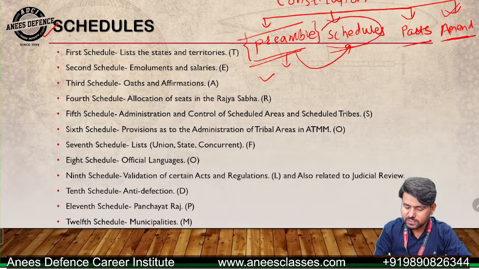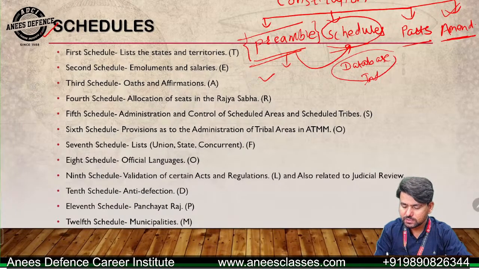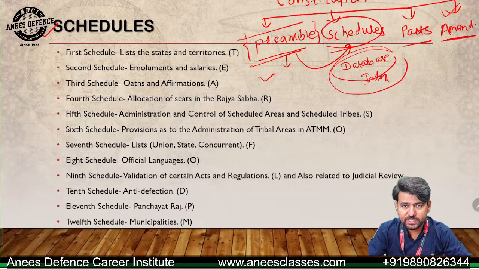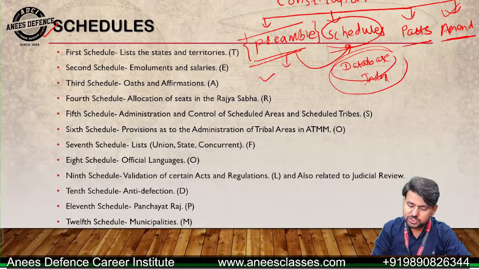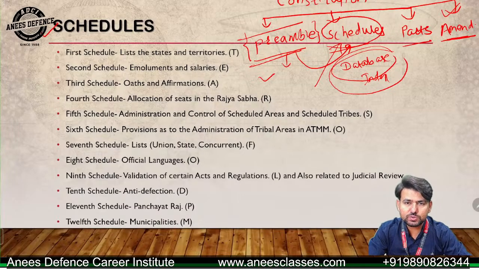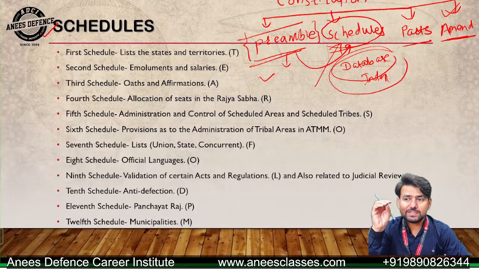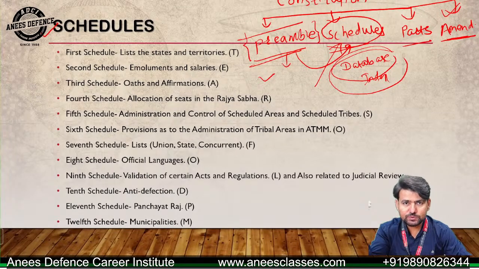Schedules act as, you can say, a database in the constitution. They are like an index in the constitution. Like in every book we have an index, which gives you an idea about what is there in the book. In the same manner, the schedules work as a database of the constitution. There are topics and concepts, but if you go article-wise, that does not give you much data.